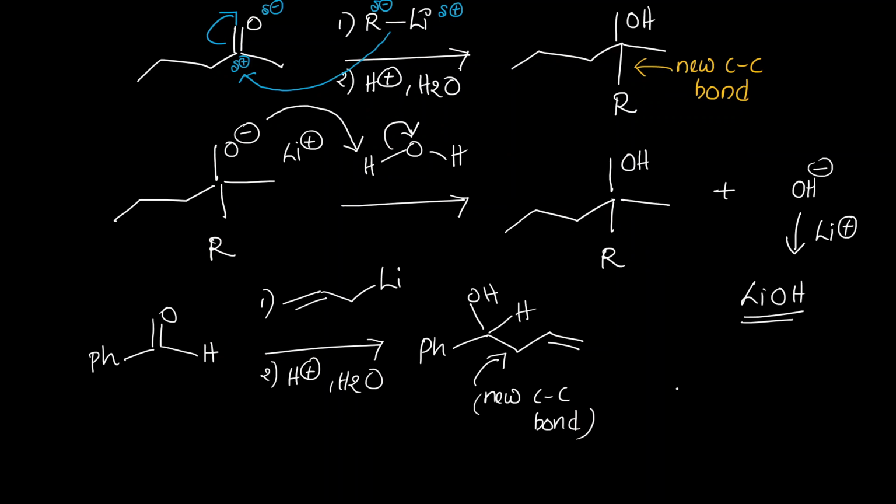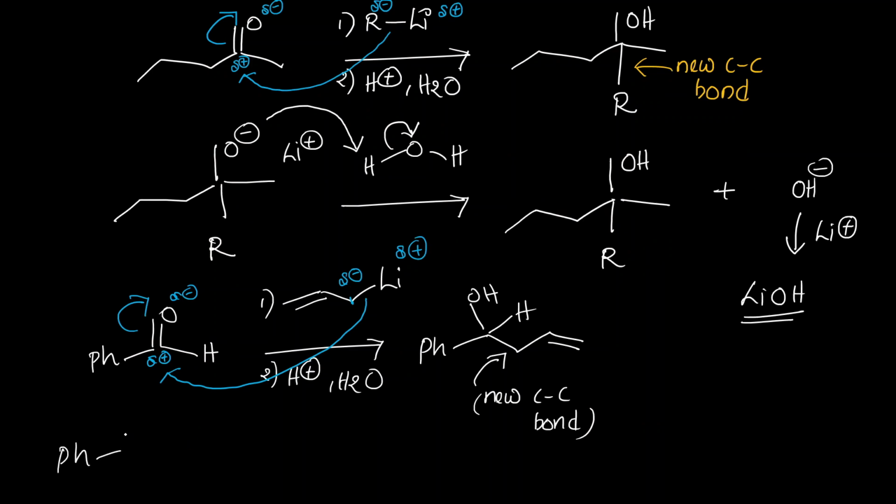So if you write the mechanism, first you have to write this is the positive, so this is the negative center. Again, you have here the positive, so here you will generate the negative. So you will expect this bond will attack the carbonyl carbon and this will cleave and generate the O minus. So what will we get?